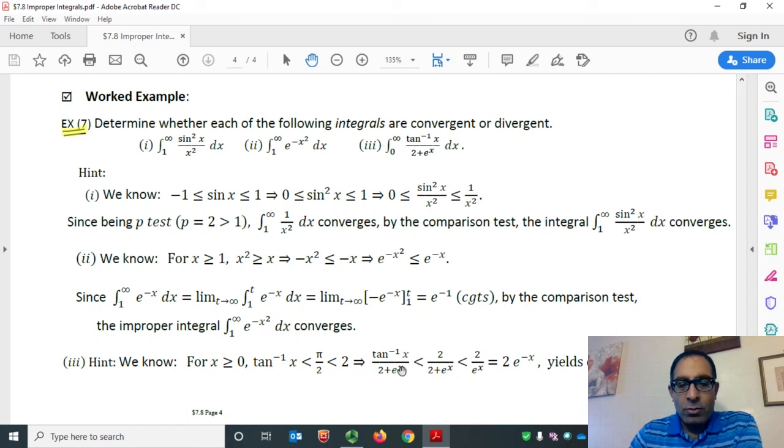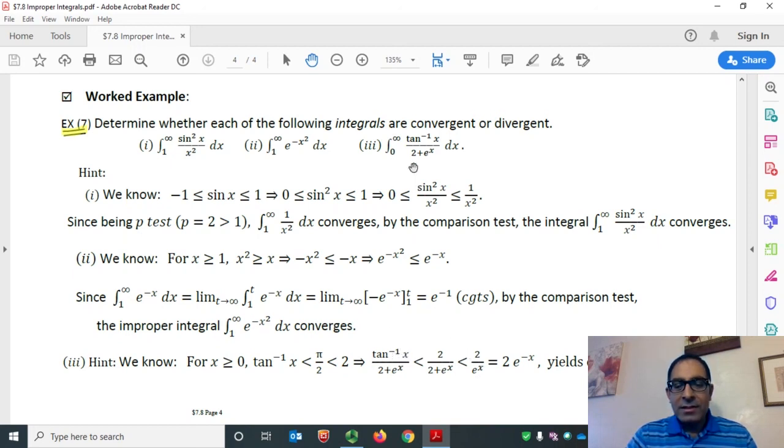Then tan inverse x over 2 plus e to the power x is strictly less than 2 over 2 plus e to the x. And this last inequality is obviously true, because I just dropped the e to the x from my denominator, which means I make my denominator smaller. A smaller denominator means a bigger fraction, right? Great. So from the first inequality to the last inequality, this is true.